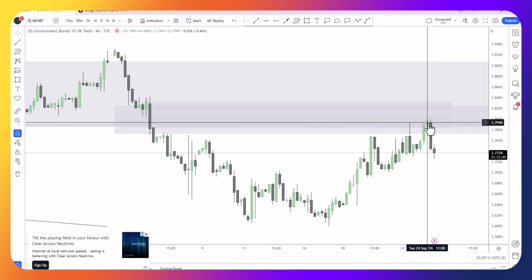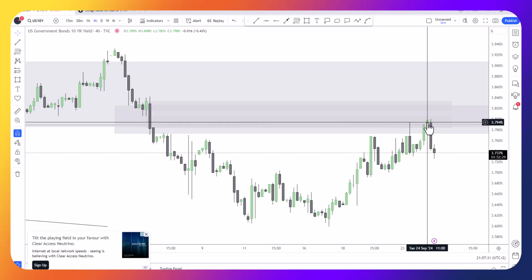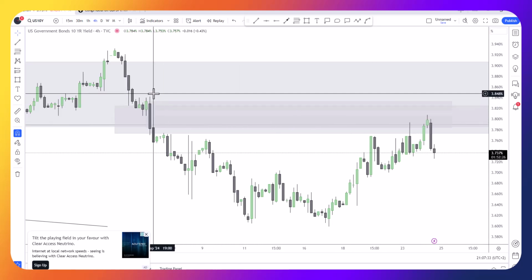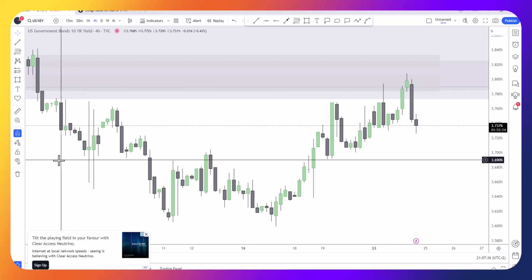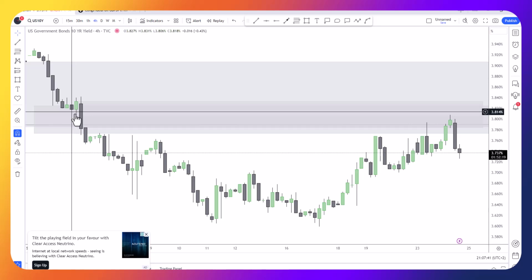Let's see. This candle's high is coming in at 3.808. Remember that 3.80 that I've been talking about on higher time frame? That's where price found resistance, right? The high of today is coming in at 3.808, and if we come to our high probability bearish order block, this level here, the low of this candle is coming in at 3.806.